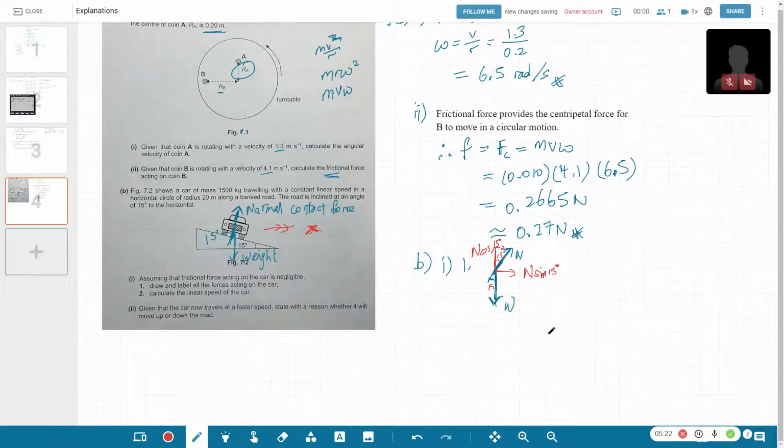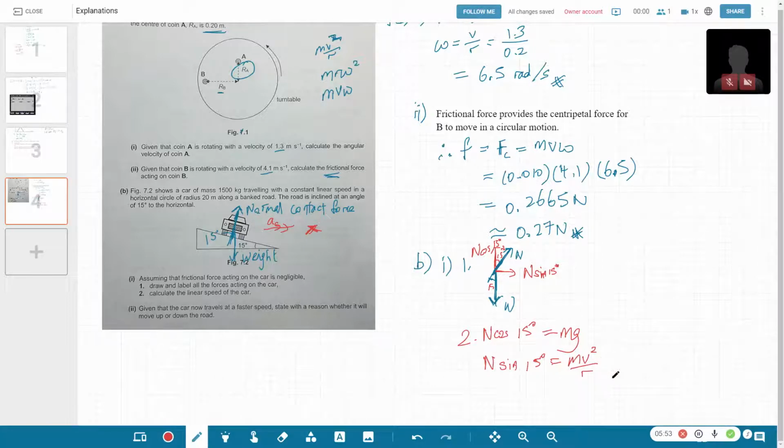Now there is no acceleration in the vertical direction. So we can say that N cosine 15, which is upwards, equals mg, the weight. We also can say that N sine 15, which is the resultant, is what gives us our centripetal force, mv squared over r.